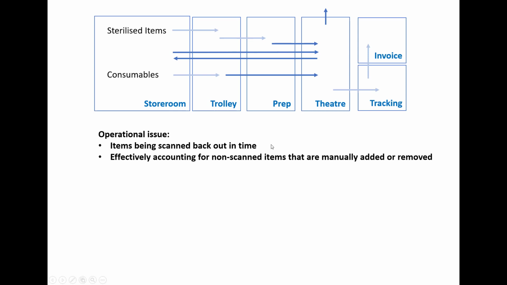And you need to make sure that you're effectively accounting for non-scanned items that are manually added or removed. And so you need to make sure that you're manually looking after items that are not scanned. So these are basically all your consumables, making sure that they're accurately added or removed with whatever solution we're going for.